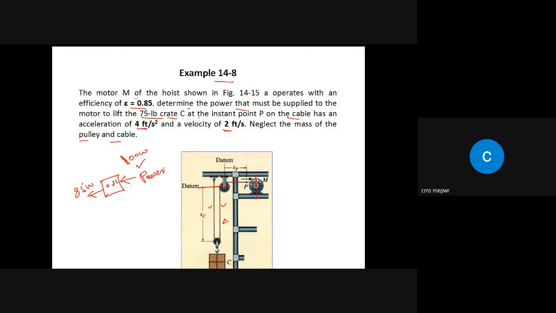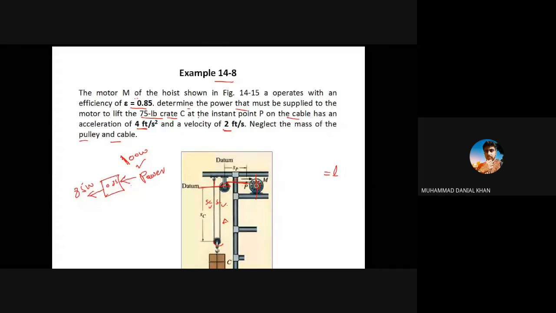Just to remind you, in that case we used to find out the total length of the rope. So the total length of the rope should be equal to this SC, and this should also be equal to SC. This length is constant, this length is constant, and this length is equal to SP.